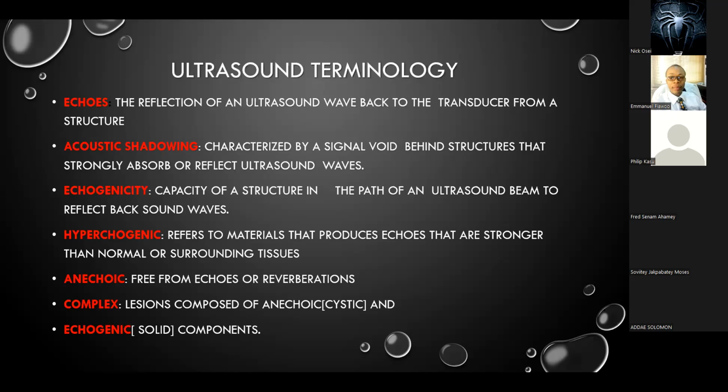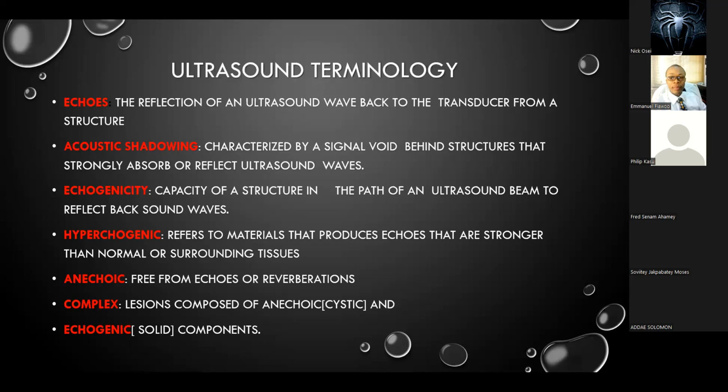So qualifying them, when we say hyperechogenic, it means that the structure is able to produce more echoes or greater echoes. And hypo, of course, is just the opposite of hyperechogenic. Then anechoic. Anechoic simply refers to an area on the ultrasound that is not getting any echoes back to the transducer at all.